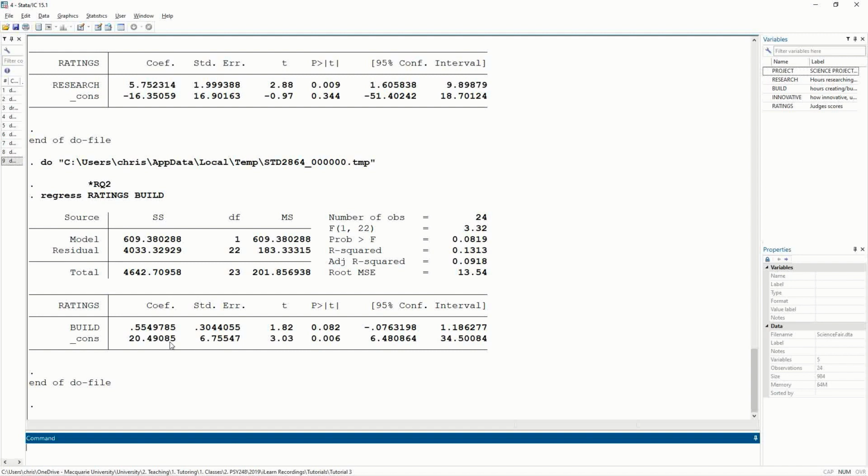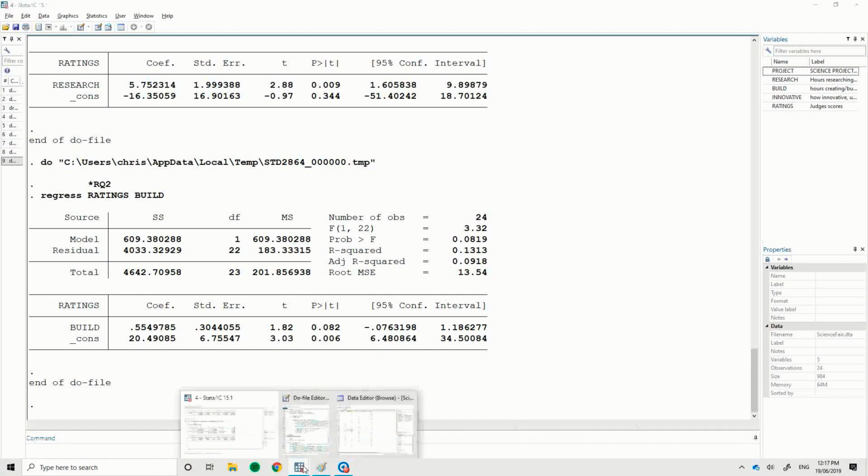That's actually really, really high when you think about it. And for every 1 hour increase in building time, their rating would increase by 0.5. The associated t-statistic is 1.82, and this is non-significant. And this is further conferred by the fact that our confidence intervals have a negative and a positive value. So in other words, 0 is in the confidence interval.